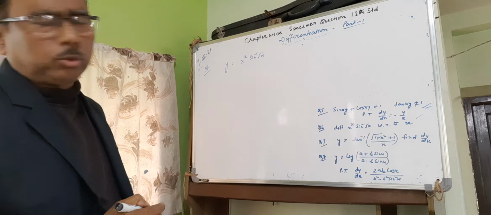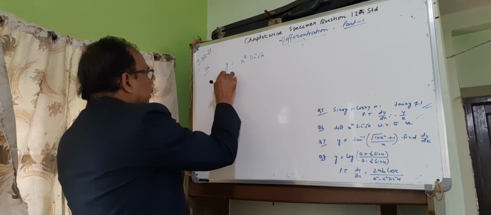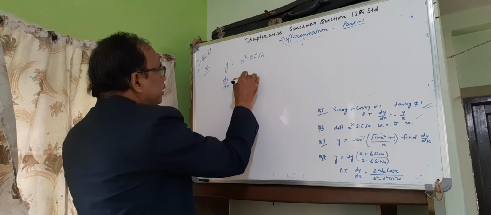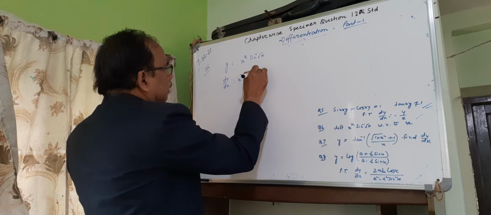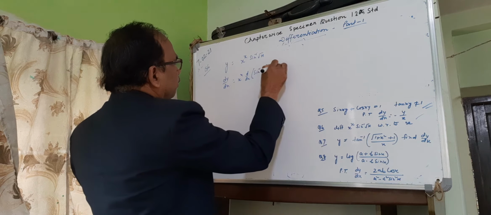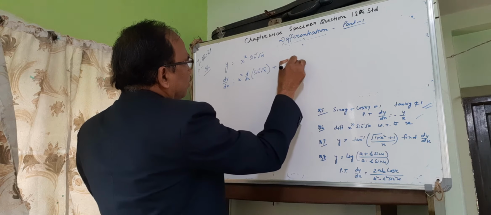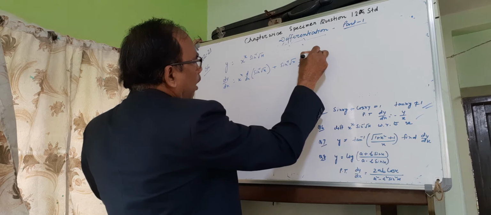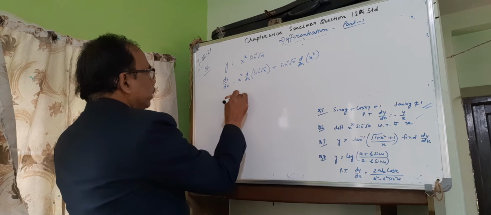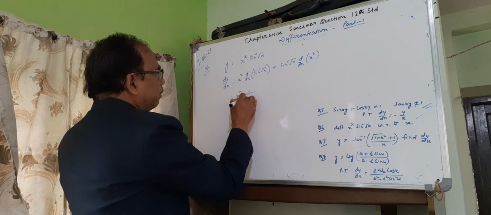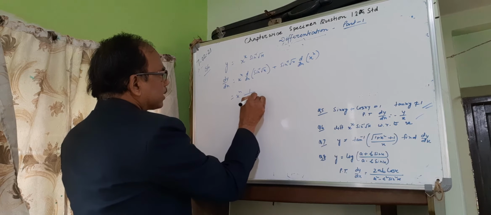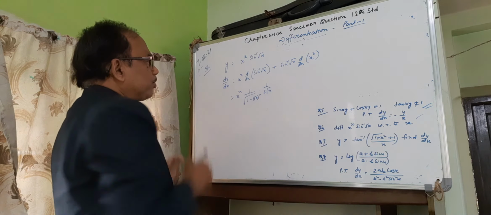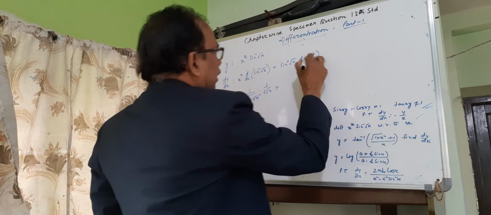We have to differentiate with respect to x. dy/dx equals x to the power x times the derivative of sin inverse root x, plus sin inverse root x times d/dx of x to the power x. The derivative of sin inverse root x is 1 by root over 1 minus root x whole square, into the derivative of root x, 1 by 2 root x, by chain rule, plus you have to differentiate this.